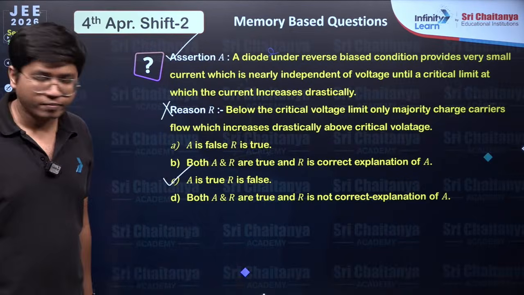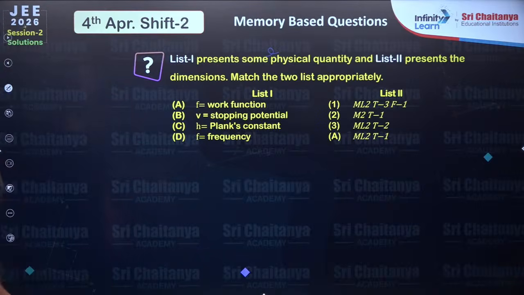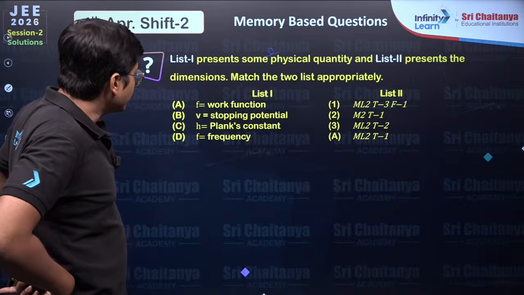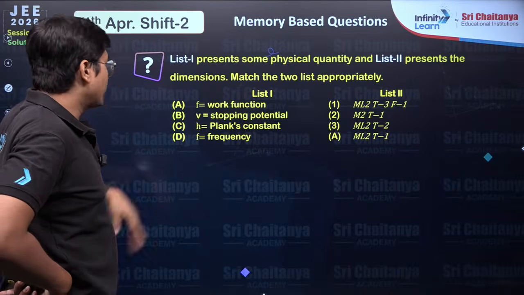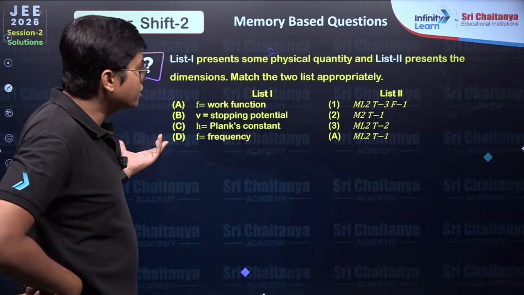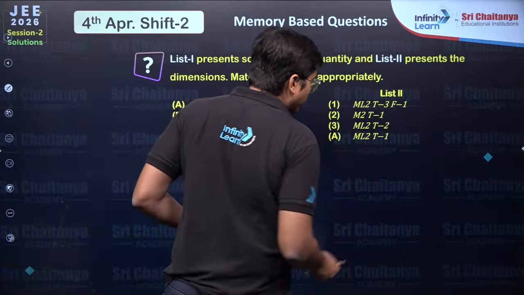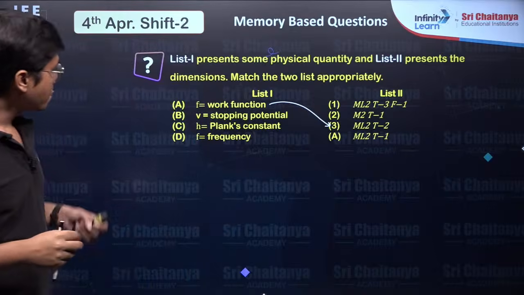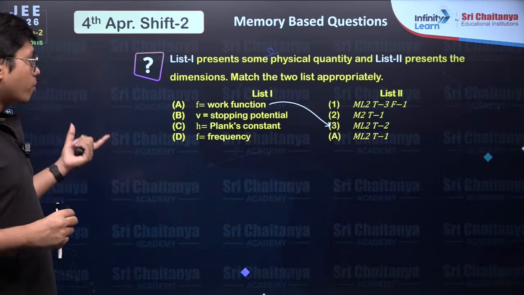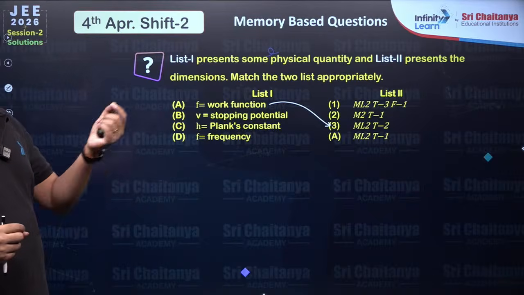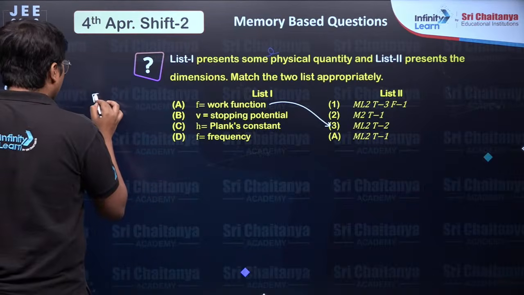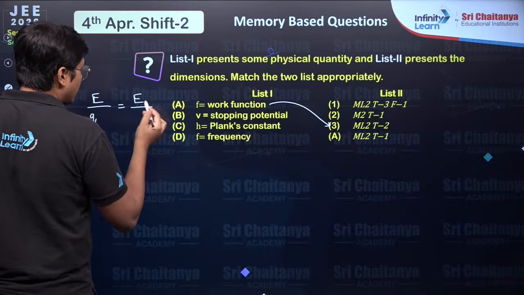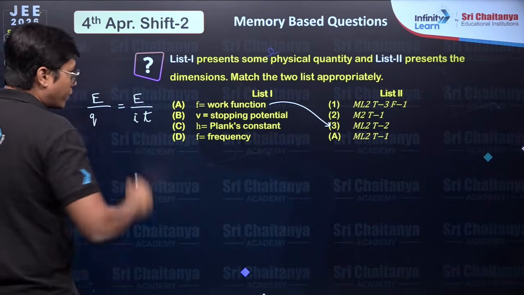Got it, everyone? Acha, next is match the following. Let's see, work function. Work function is at the end of the day energy. I'm assuming these are all powers. Energy is always mL2T minus 2. That is done. Stopping potential. Potential you can write as energy by charge, right? And charge can be written as current into time.